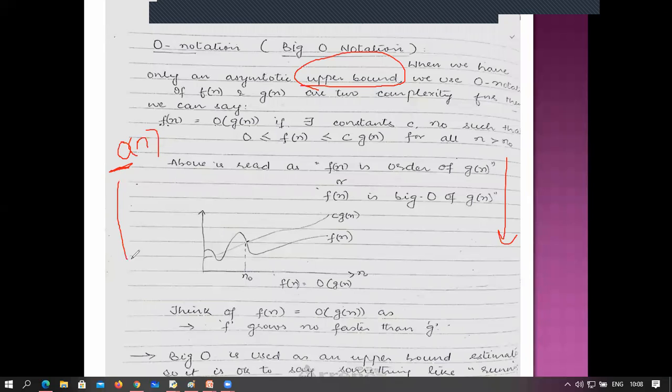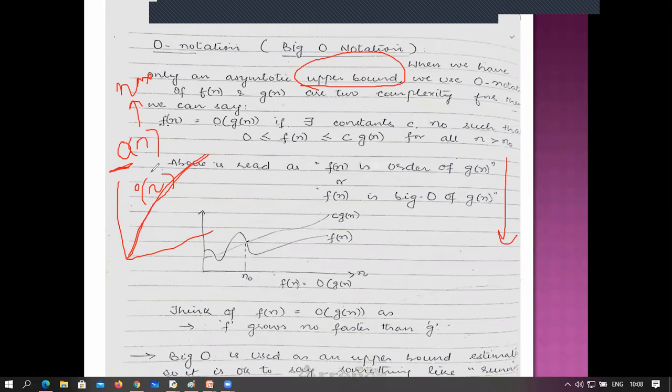Like over here, suppose my complexity is coming out to be n. Then what's the meaning of big O of n? Big O of n is saying that the maximum complexity of the algorithm is n. This graph is representing your n.